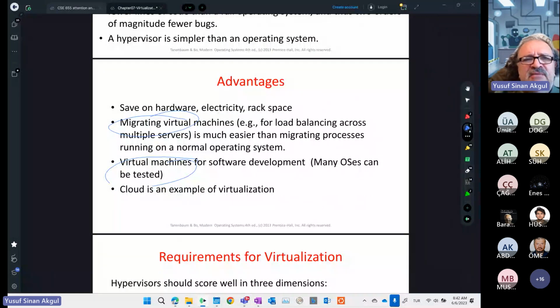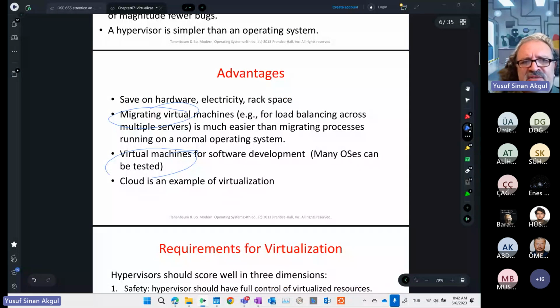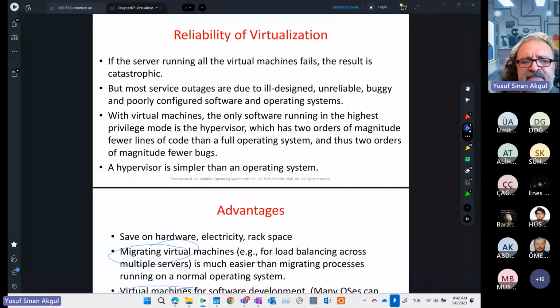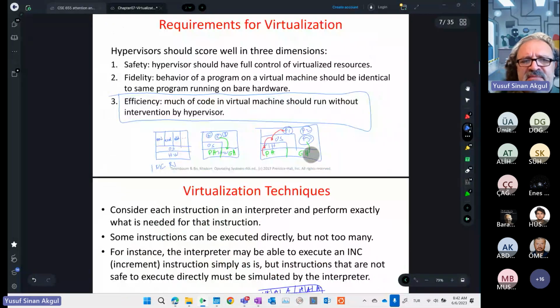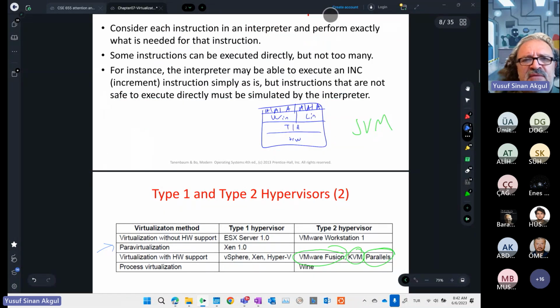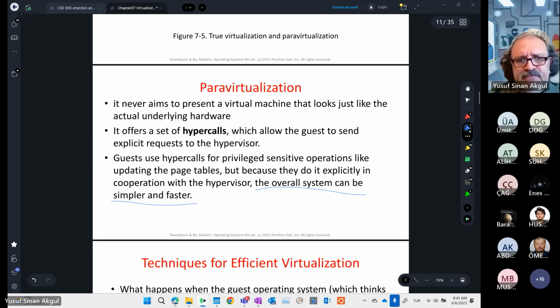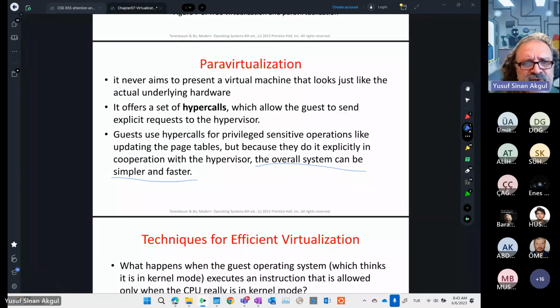Okay, I save on hardware, electricity, etc. Migrating is easy again. Okay, this one is all valid. So other than the guest operating system not knowing that it's working in a virtual environment, everything is valid.